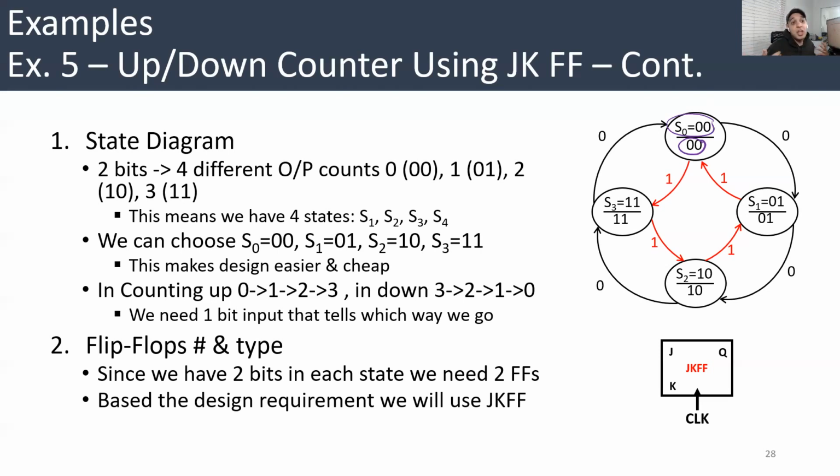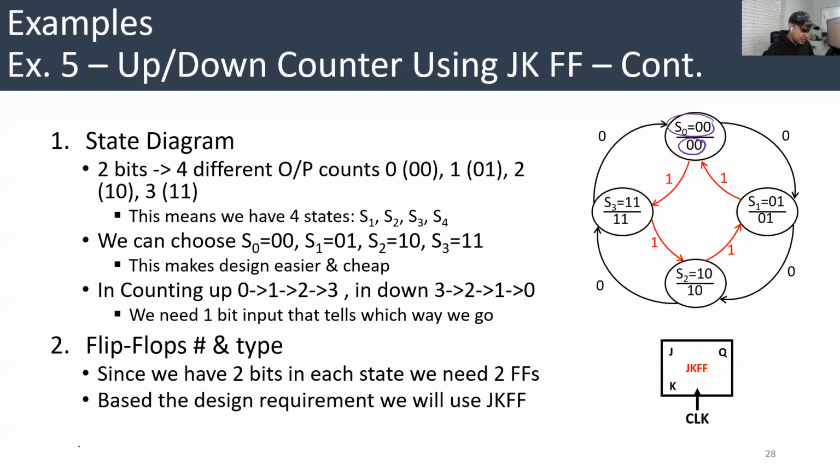When X is 0, we count up. When X is 1, we count down. Since we have 4 states, you have 2 flip-flops, but now these flip-flops are JK flip-flops, not D flip-flops. In the homework, it's a T. So now you have explored everything. Let's see what will be the change.